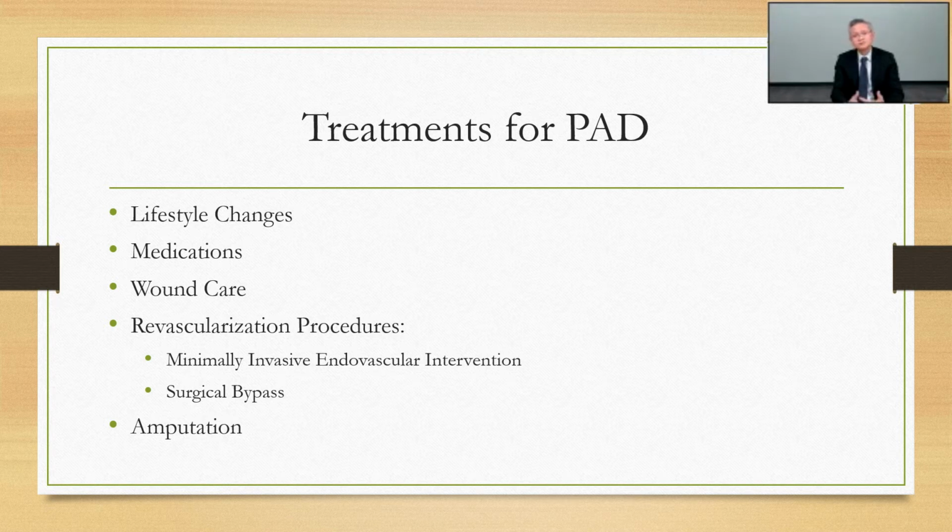That includes traditional open surgical bypass and minimally invasive endovascular intervention. And hopefully item number 5 is something we can avoid, and that's amputation. So we're going to focus first on items 1 and 2, where we can hopefully prevent problems from developing and manage in early stage so you don't have to deal with something so significant like surgery and amputation.